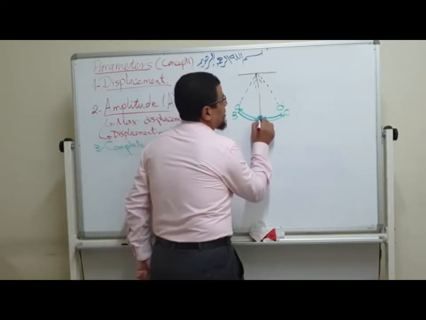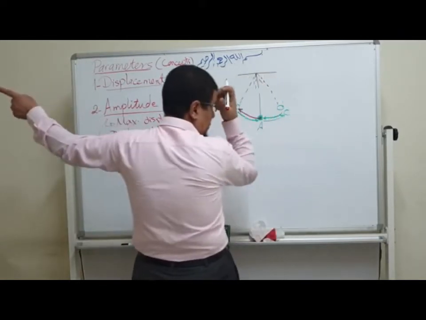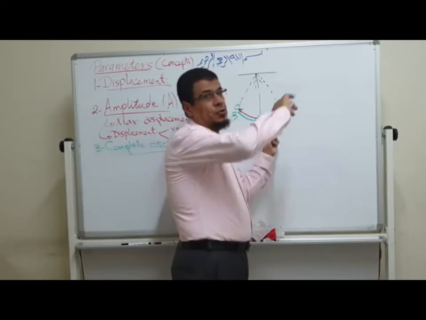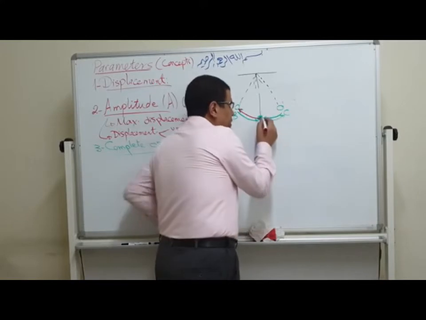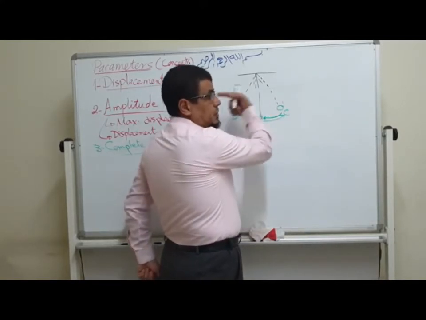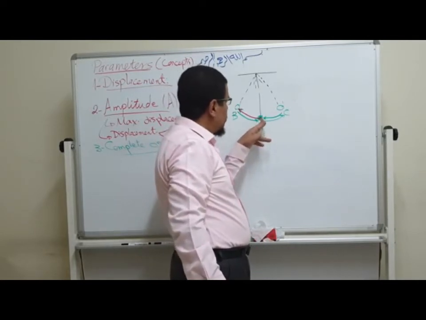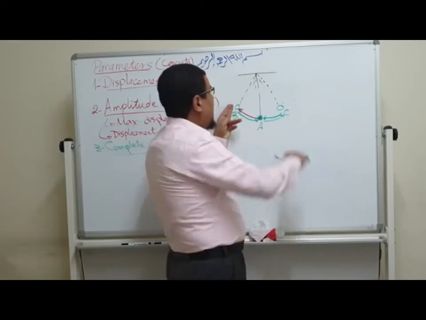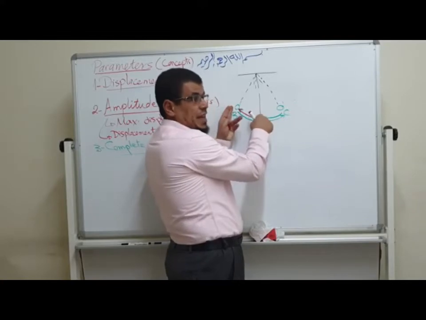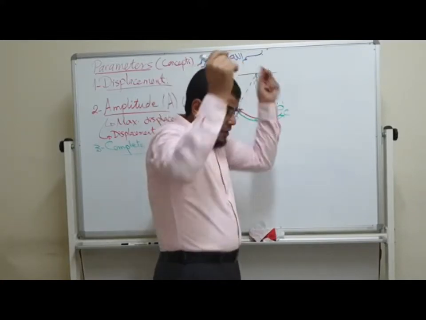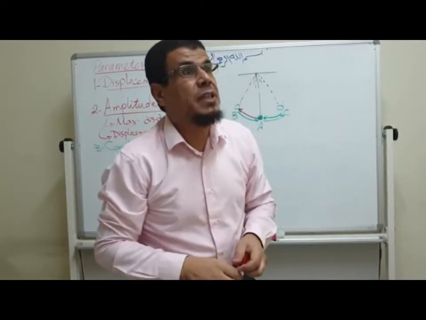So here it passes by point A once to the left. After that it passes by A but to the right, so I don't count it. After that it comes from C to A, so it passes A to the left. So the motion between starting from A to B, and again from C to A, to reach A again to the left, the motion between these 2 points is called the complete oscillation.